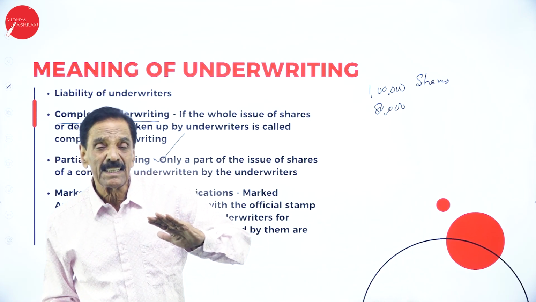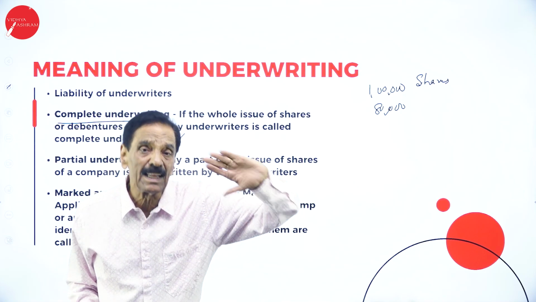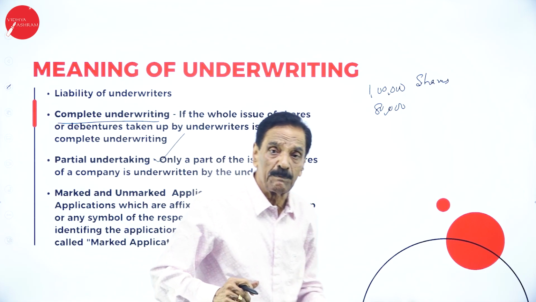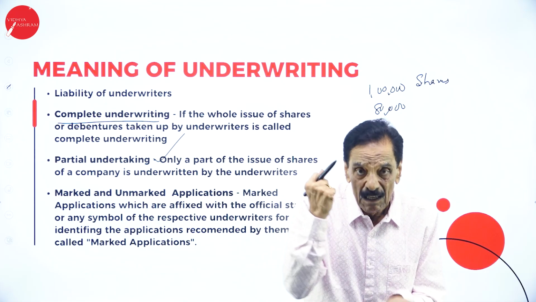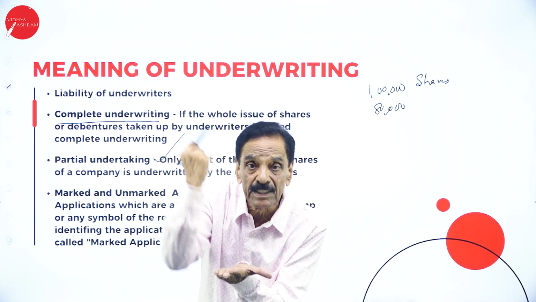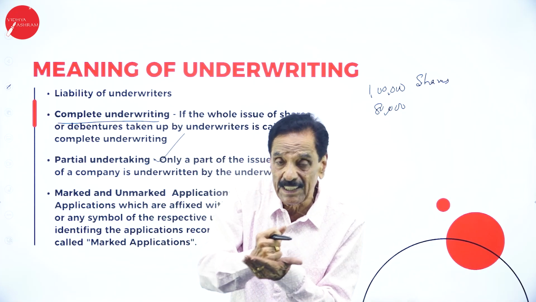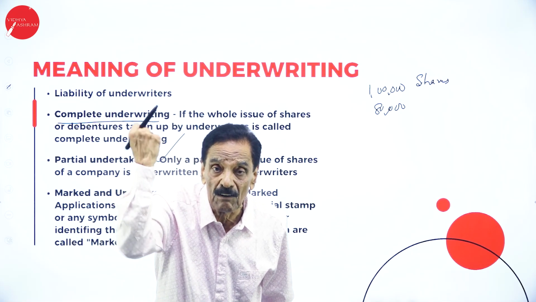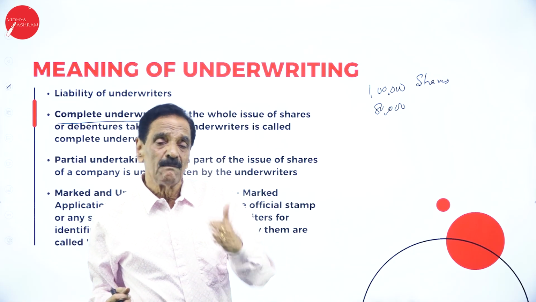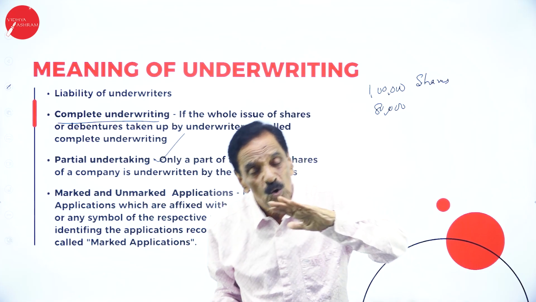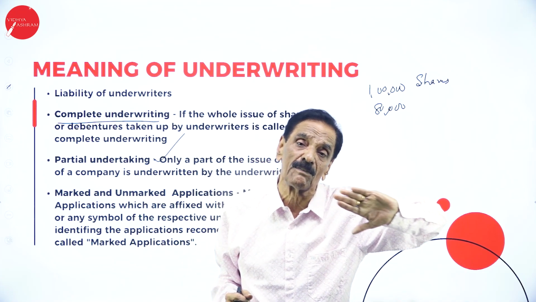So when the underwriter sells the shares on behalf of the company, they will put their stamp. If X sells the shares, they will put the stamp of X. If Y sells the shares, they put the stamp mark of Y, representing that we, the underwriters Y, sold so many shares on behalf of the company.